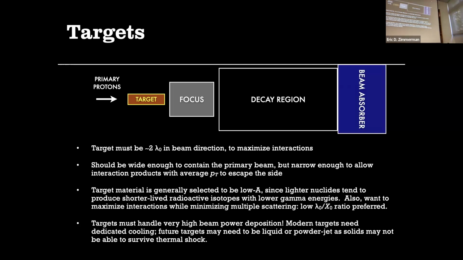And if you want to maximize interactions while minimizing multiple scattering, then you want a low interaction length to radiation length ratio, and that will also tend to get you toward lower Z materials. Targets have to handle a very high beam power deposition, at the 100 kilowatt level for DUNE coming up. Modern targets need dedicated cooling, and future targets may not even be able to be solid. We're not quite at that point yet with the next generation.